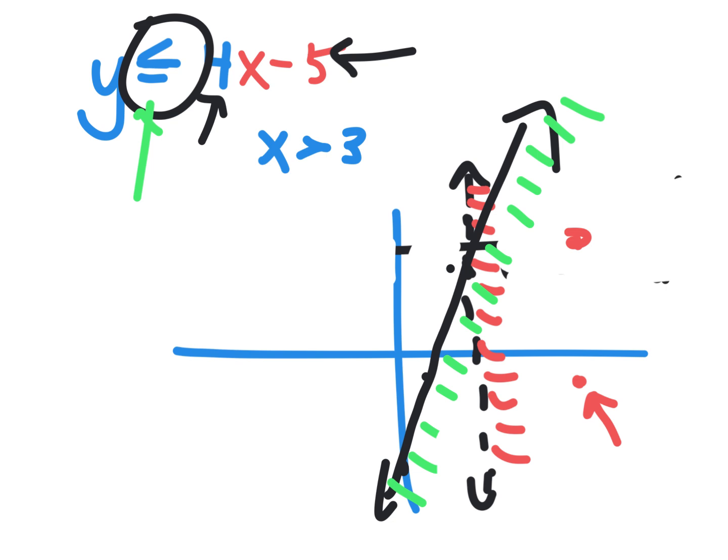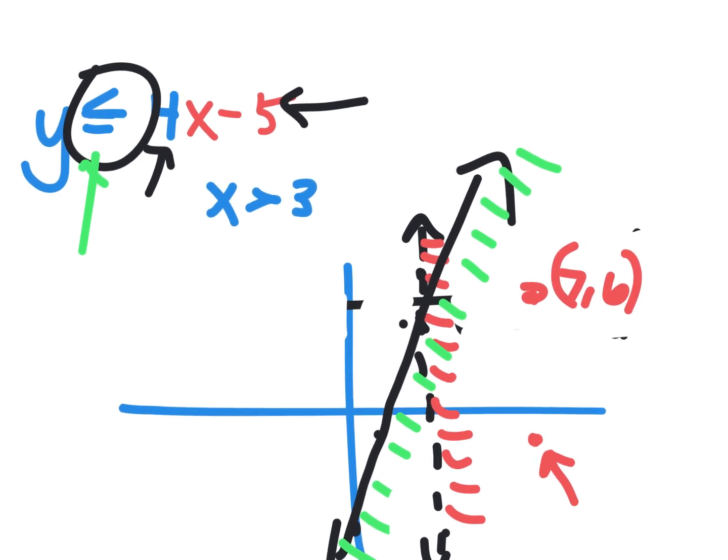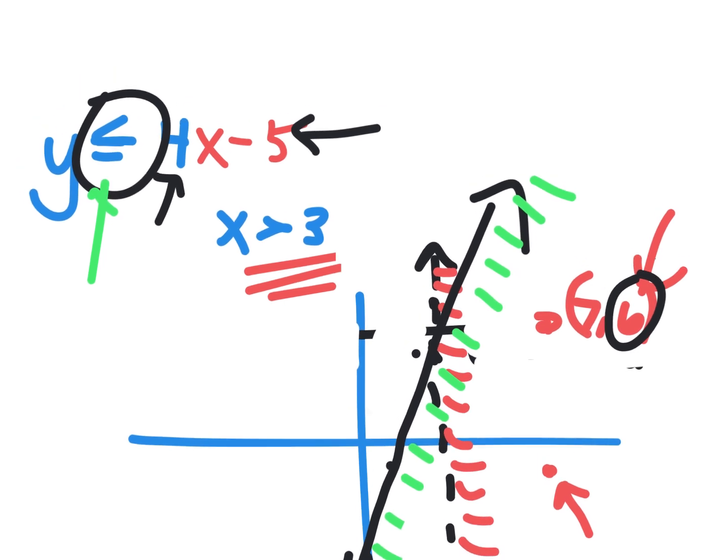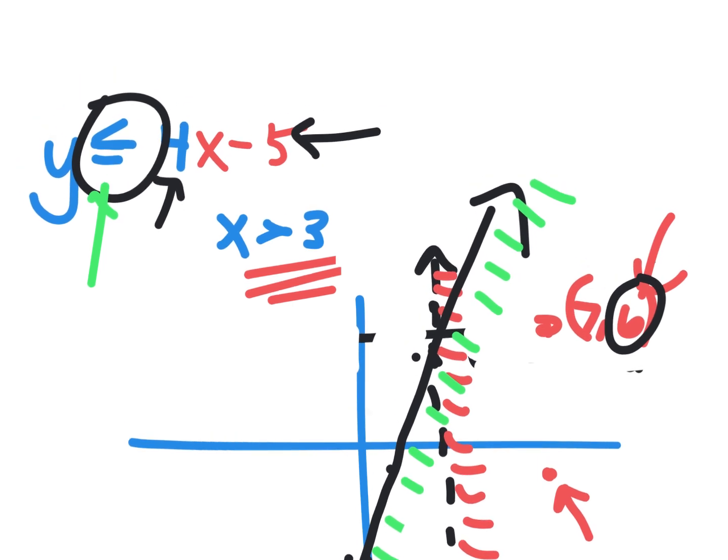I could give you an example. Let's say that that was the point 7 comma 6. You could check it. The x has to be bigger than 3, is it? Yep. And the y has to be, oh, that's gross. This 6, I'd have to go put it into the equation for the y, and then I'd have to see about the x also.